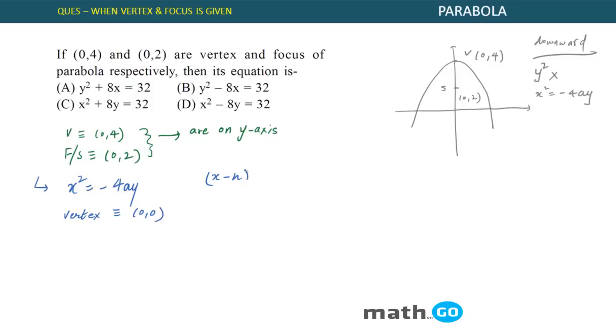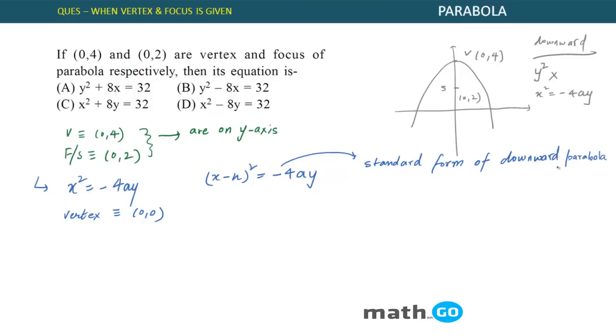So x minus h whole square is equal to minus 4a into y minus k. How do you understand this particular thing? This is the standard form. In fact, इसको आप ऐसे याद रखें, standard form of a downward parabola. This is a downward parabola.